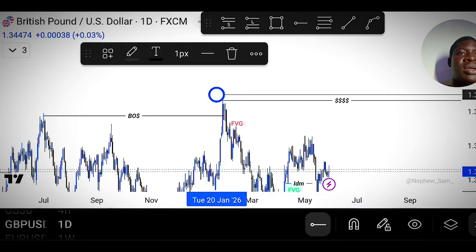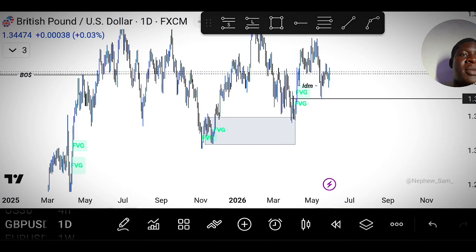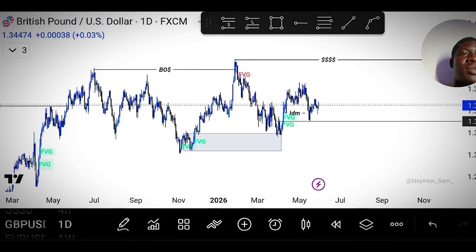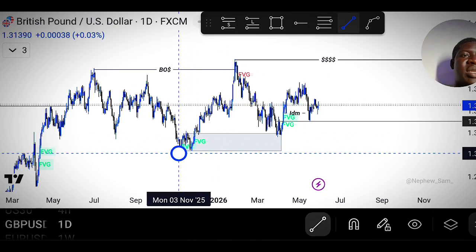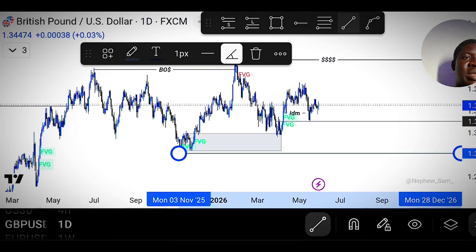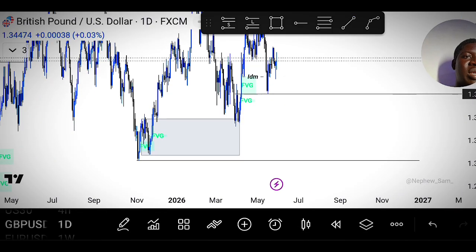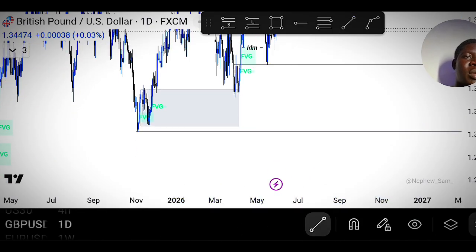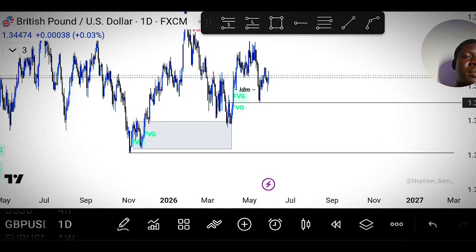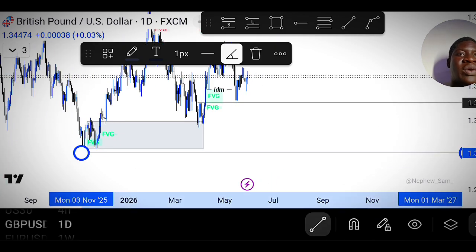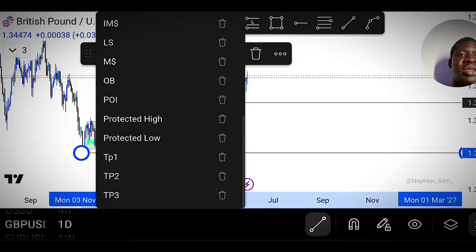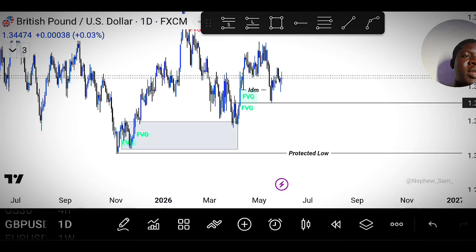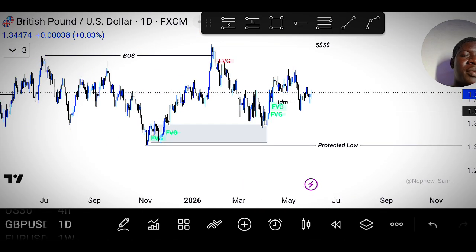And here is our protected low. That's our first protected low.